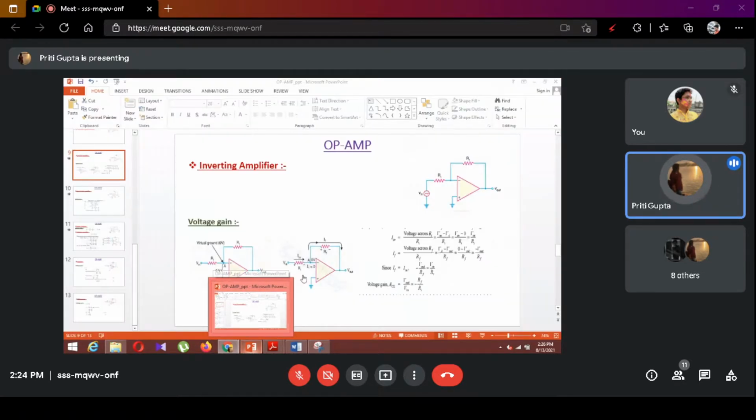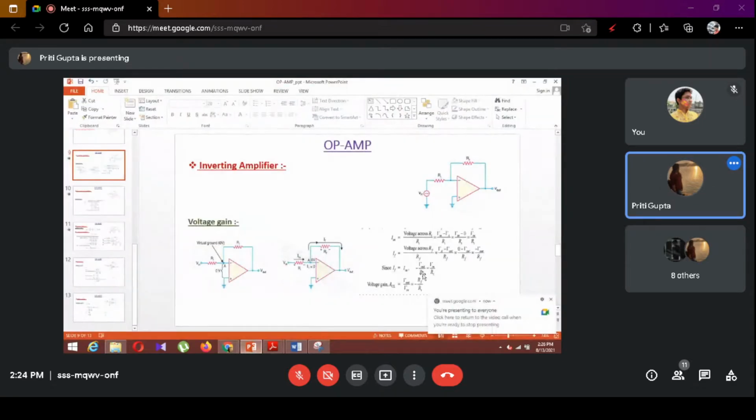For the op-amp, determine the value of RF required to produce a closed loop voltage gain of -100 when Ri is equal to 2.2 kilo ohm.